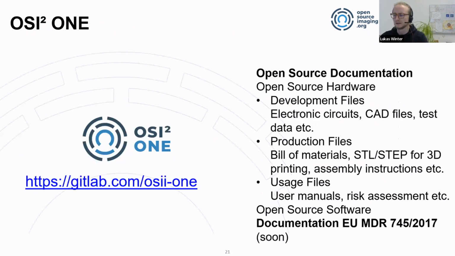Now, the documentation. What do I mean by open source documentation? Really development files, electronic circuits, CAD files, everything that makes it as easy as possible to reproduce these systems, to repair them, to understand them, to customize them, production files, usage files, etc. We are way behind on that.